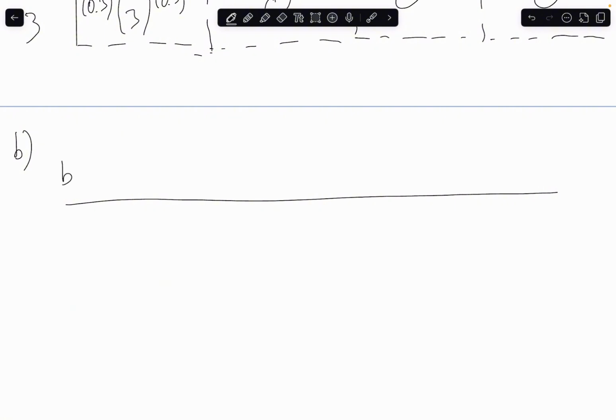Let's write the number of boys in here and write the PMF in here like this. Summation of girls equals 0 to 3 minus boys, probability of the joint one.